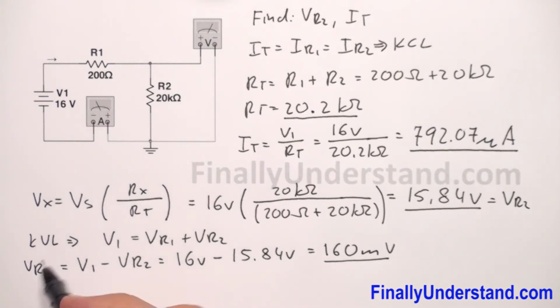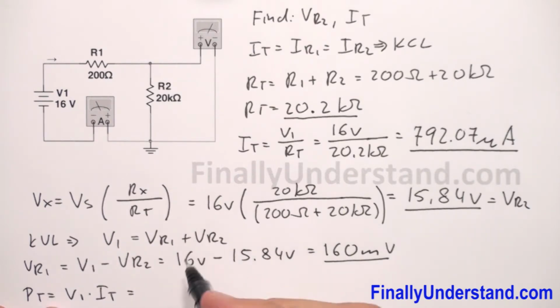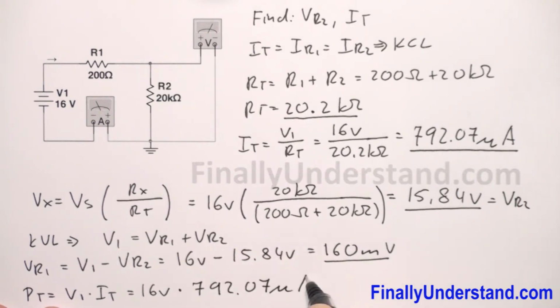Next we can also find the total power. P total is equal to the voltage source times I total. So V1 is 16 volts times I total, which is 792.07 microamps.